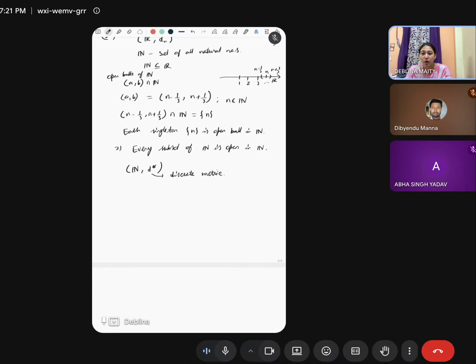Topology means the collection of all open sets, and since singletons are open in both cases, N with D star and N with dN, that is the usual metric restricted to N, they both generate the same topology, right?